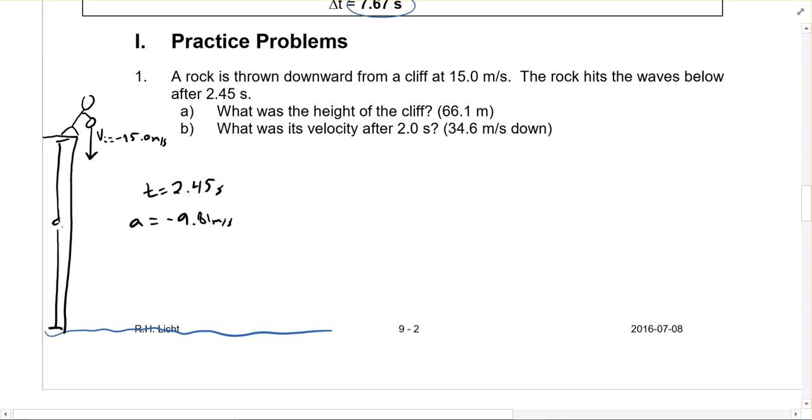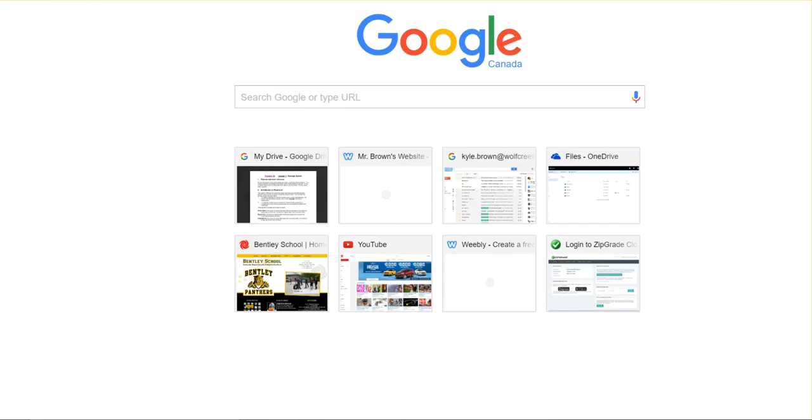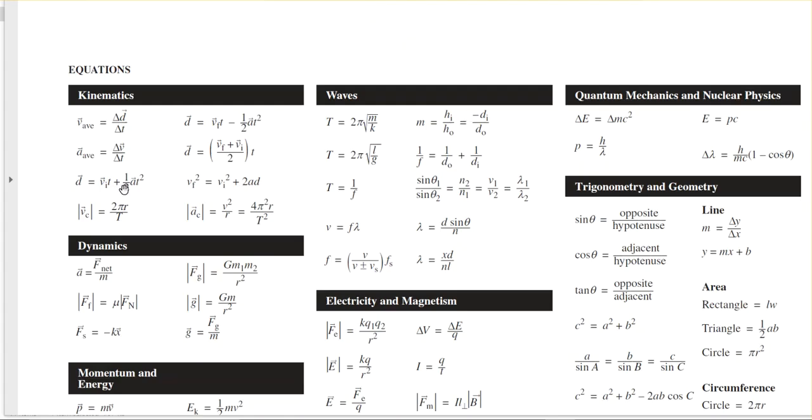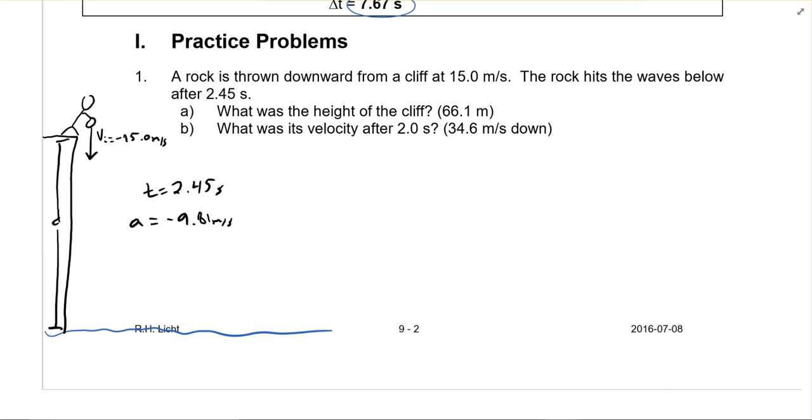All right, so the only thing that we are not even interested in, that didn't even come up, is VF, right? So if we look at our formula sheet, the one that doesn't even have VF is going to be this one, right there. So we're going to say D is equal to VIT plus 1/2 AT squared. And we're just looking for the distance, right? So we're just going to plug in the numbers.